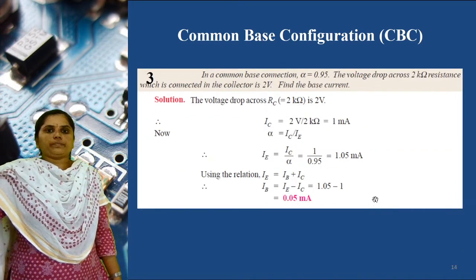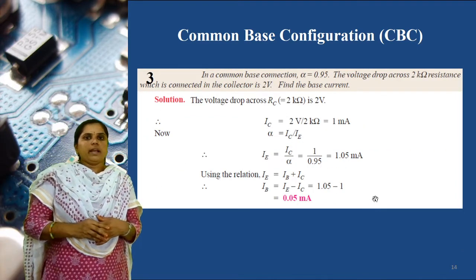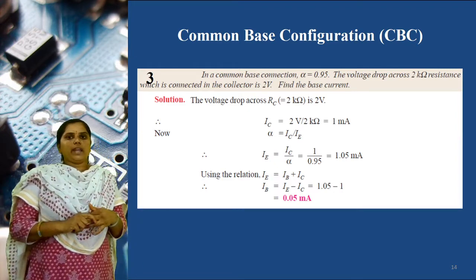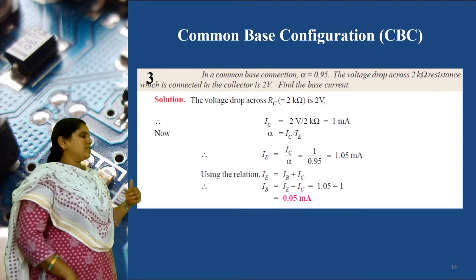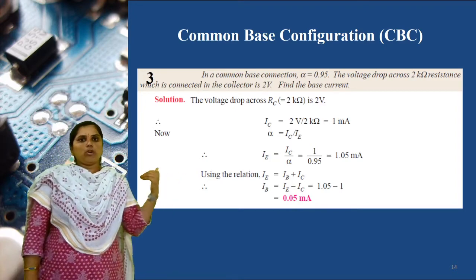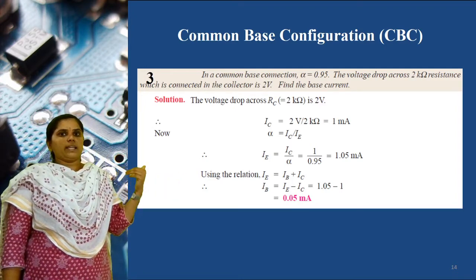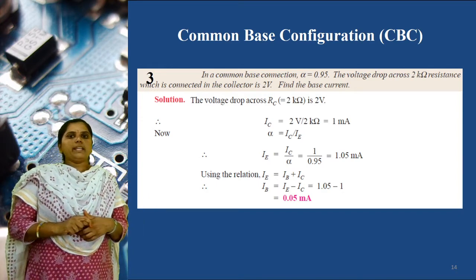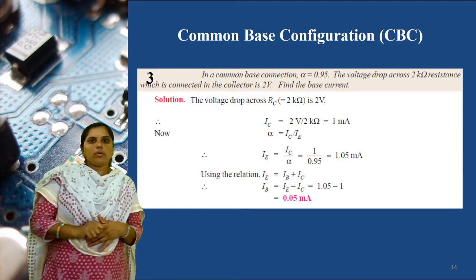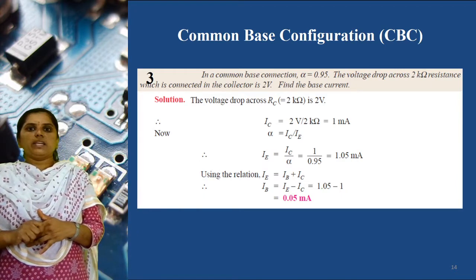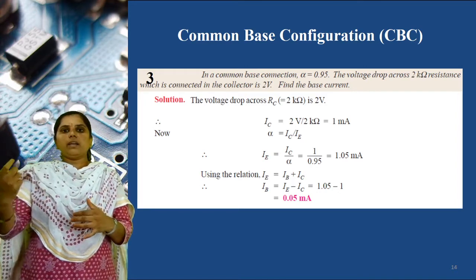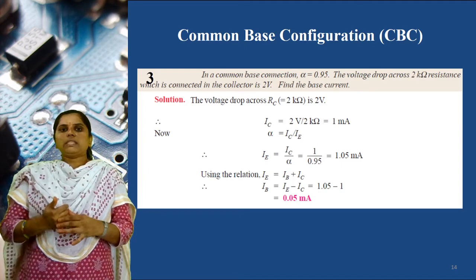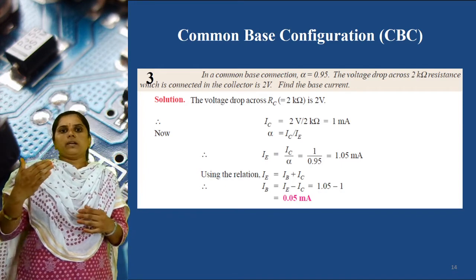Third question, see here. In a common base connection, the alpha value is given, that is 0.95. Next, the voltage drop across the 2 kilo ohm resistance which is connected in the collector is 2 volts. That is the output voltage given. Find the base current. Resistance is given, voltage is given, then you have to find the current from Ohm's law.